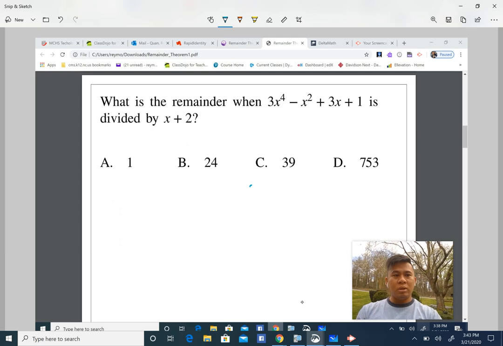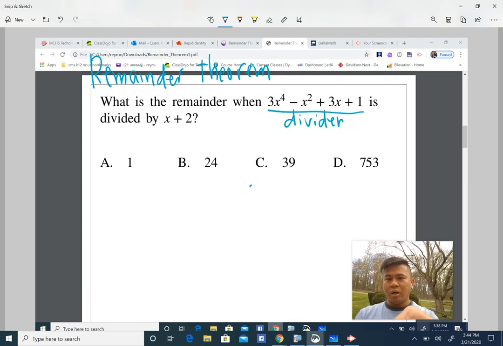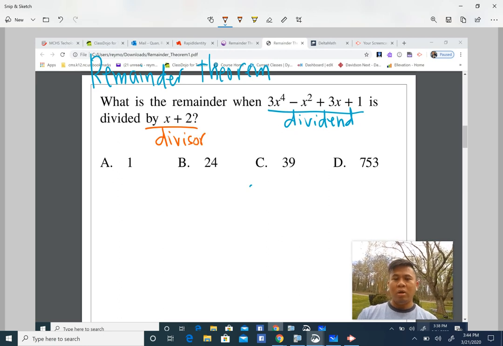In this case, we're going to use our remainder theorem, which states that if your polynomial dividend, which is 3x to the fourth minus x squared plus 3x plus 1, is divided by a given binomial divisor, which in this case is x plus 2, then the remainder will be the dividend polynomial value evaluated at the negative of the constant of our divisor.